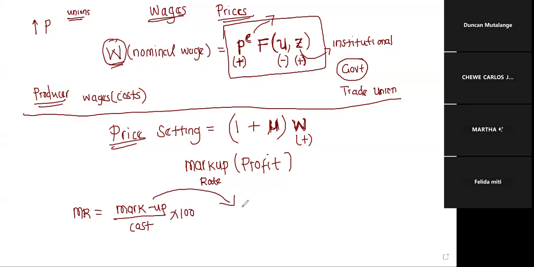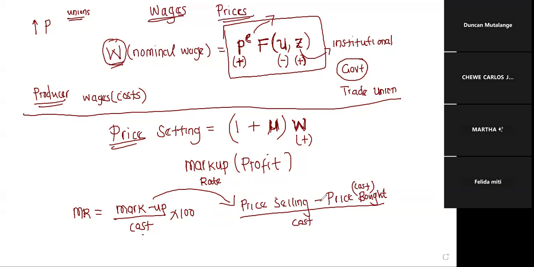The markup is simply the difference between what an item is purchased for and what it is sold for. In other words, it is the price that you're selling a product minus the price that you bought it at, which is simply the cost. Then you divide everything by the cost, then you multiply by 100.